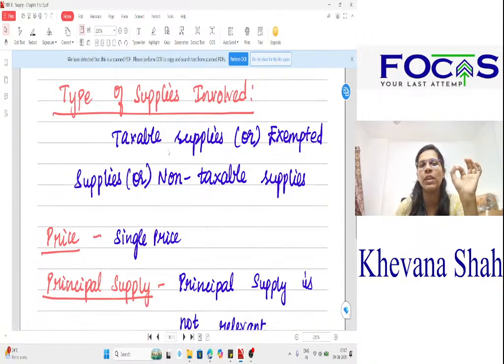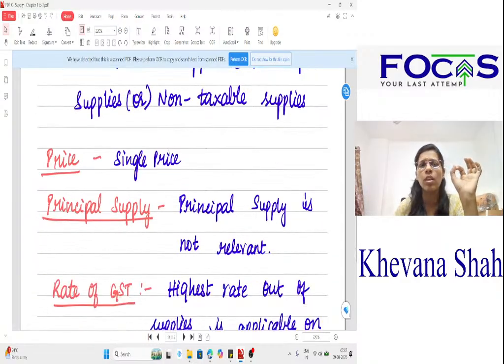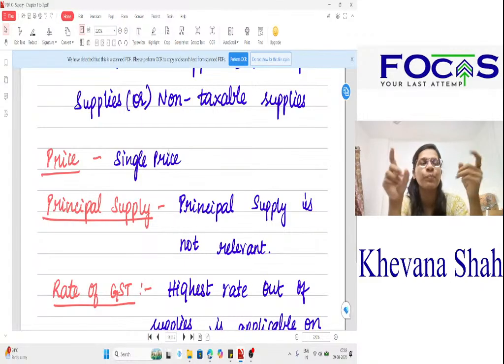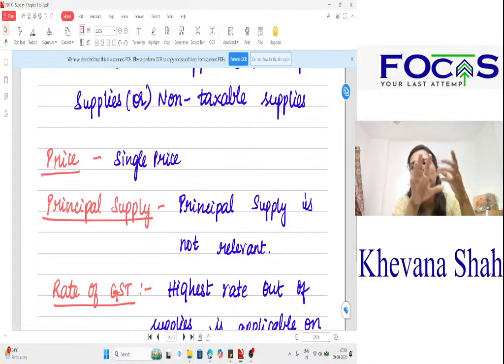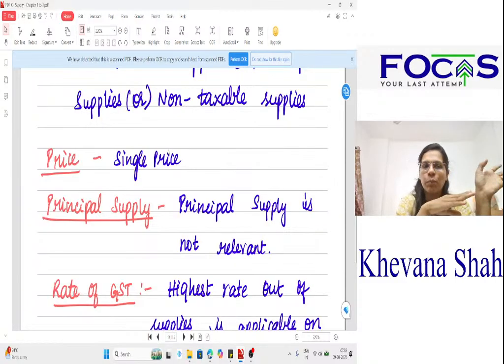Now your next question will be, what is the principal supply in this case? So please remember, in case of mixed supply, we do not have anything called principal supply. Principal supply only comes into picture in case of composite supply.